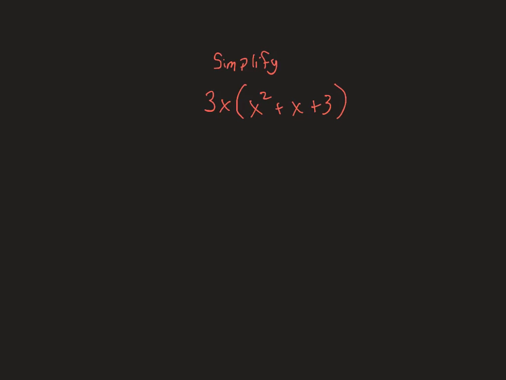This whole thing's going to distribute into here. We're going to Pokemon Go it, we're going to catch them all. So you always want to expand first. That's going to give me 3x times x squared is 3x cubed, plus 3x times x is 3x squared, and 3x times 3 is 9x.